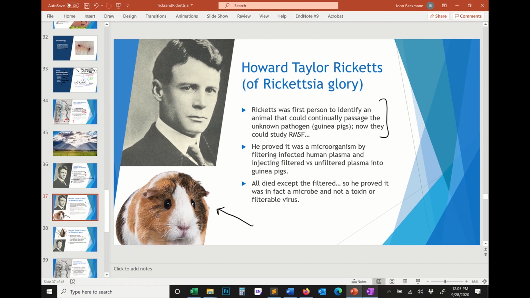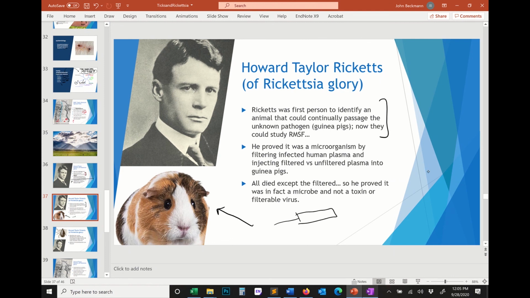One of the early ways to characterize a new microbe was that you had to be able to demonstrate that you could grow it. Nobody could grow these because they only replicate in host cells. Ricketts was the first person to figure out how you could actually grow an obligate intracellular.